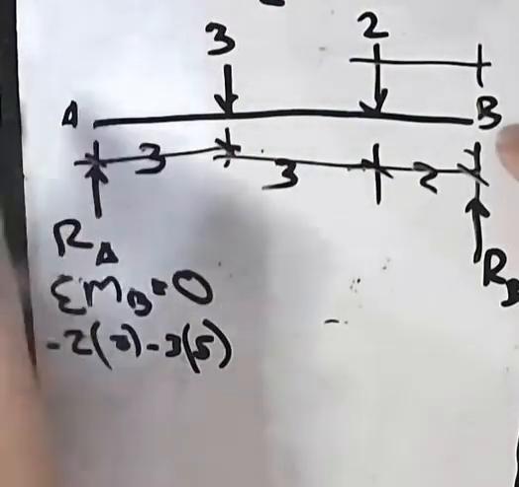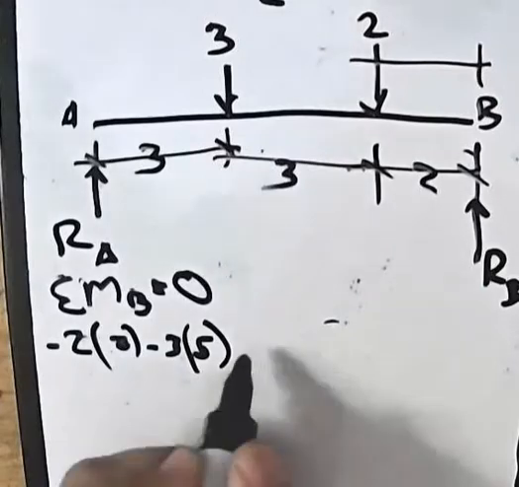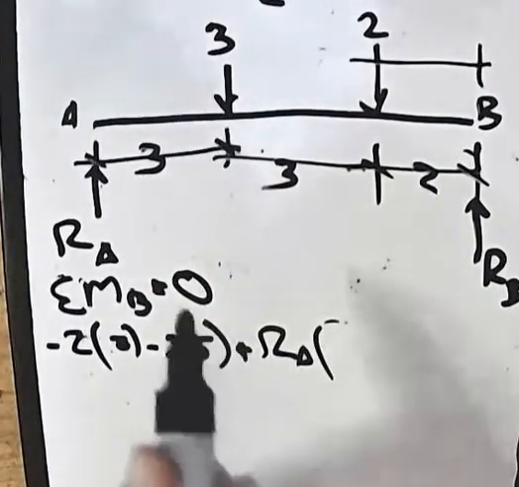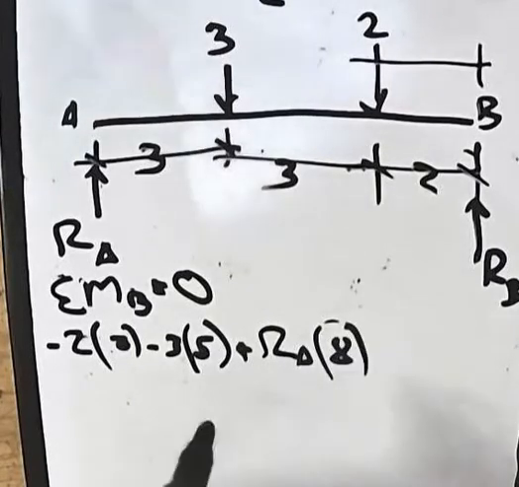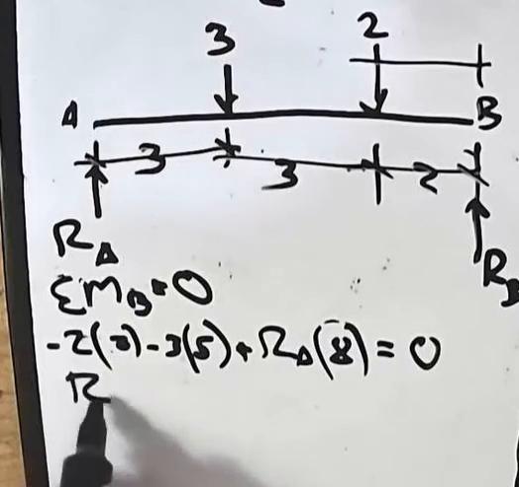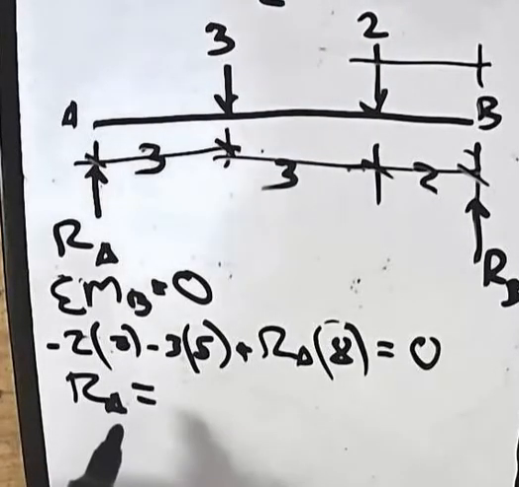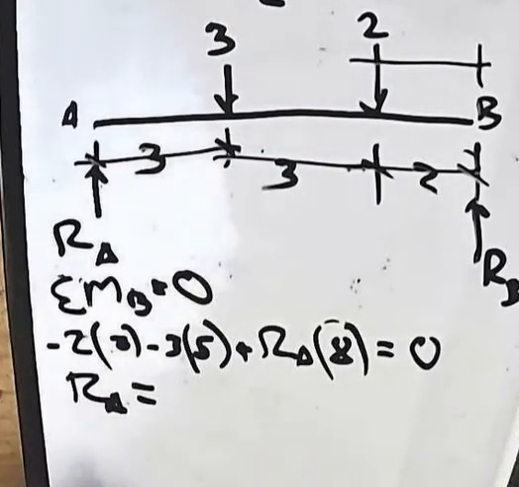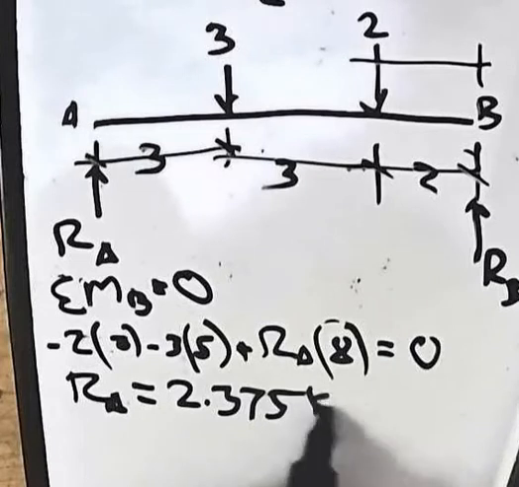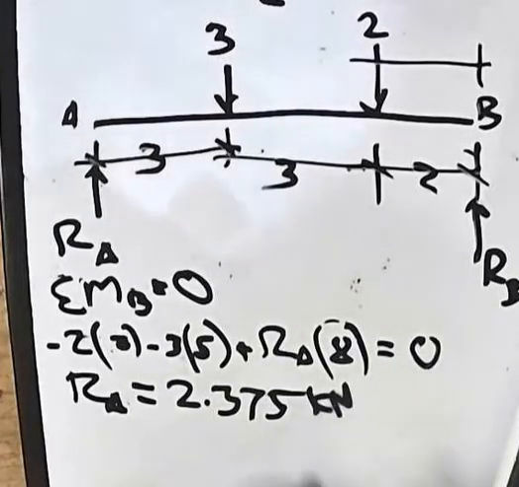And then reaction A will cause a clockwise moment, so plus RA times its lever arm of 8 equal to 0. So, from there, you can easily solve reaction at A, which is equal to 2.375 kilonewton.